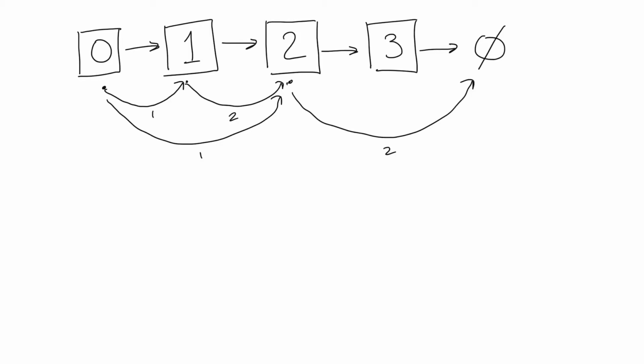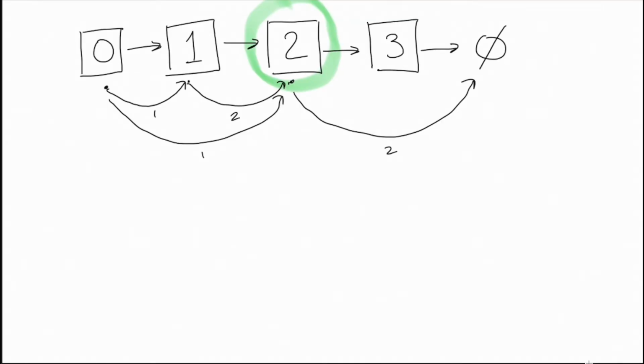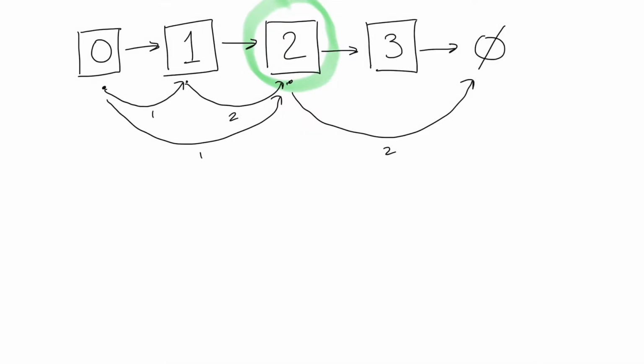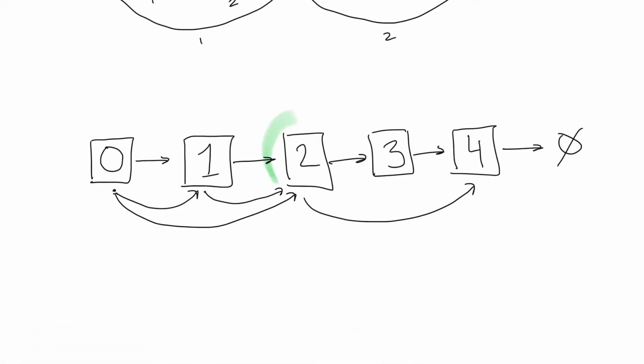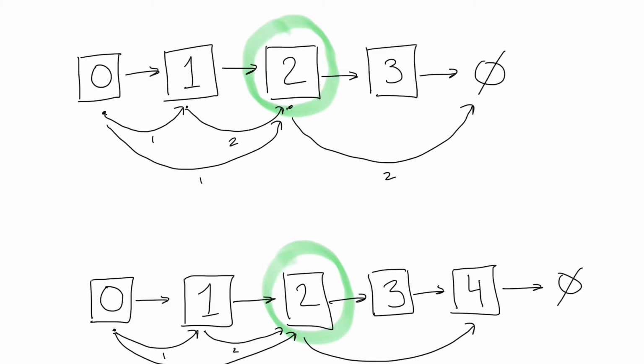So when the second pointer reaches the end of the linked list, we know that the slow pointer points to the node in the middle, which in this case is 2. When we have an odd number of elements, the slow pointer will end up in the middle when the fast pointer reaches the last node in the linked list. So in this way, we can find the middle of a linked list.